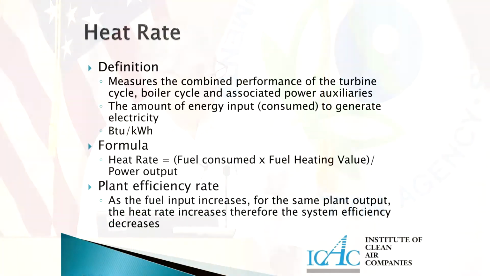So it's a very simple formula: how much fuel you consume times its heating value, divided by how many megawatts you send out the line to the consumer. Very simple. So as the fuel heat input increases for the same megawatts, it means your efficiency is going down, because you're consuming more fuel.